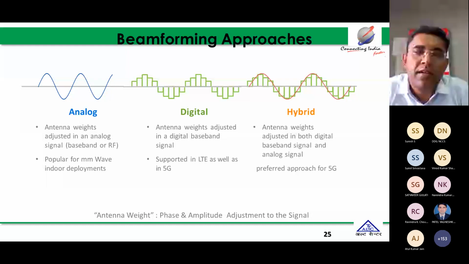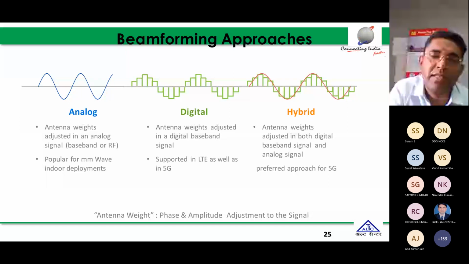This slide shows analog beamforming, where the phase and amplitude of the antenna elements are adjusted in the RF domain in such a way that the beams can be moved or steered in the azimuth as well as elevation directions.